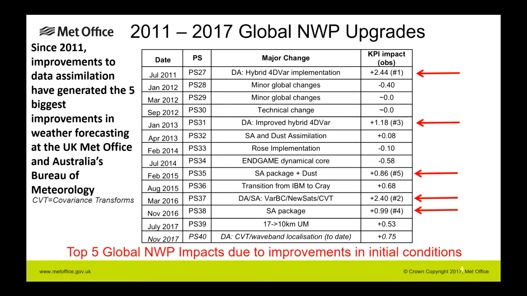All the other ones were less good. So this was the first one that was improving it. This is getting some dust in. This was including improving the variational bias correction. That's actually a big one. That's really close to that.